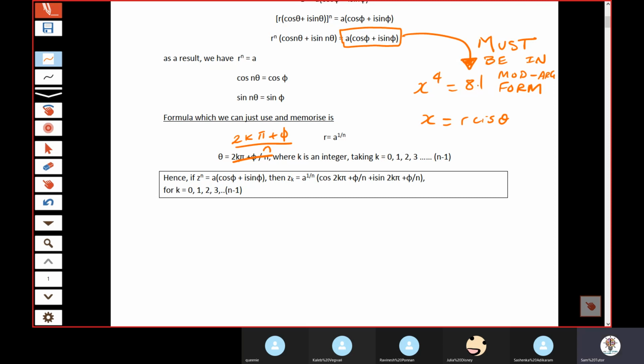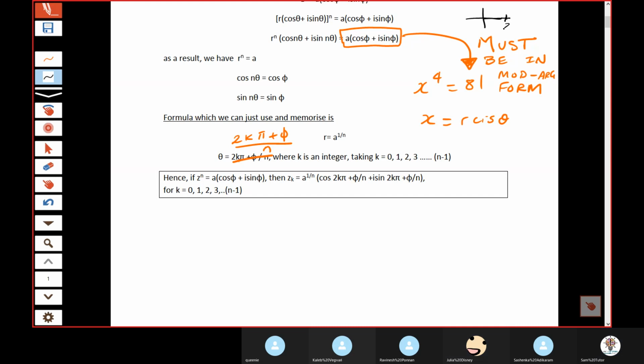So this 81 needs to be in mod arg form. When it's in mod arg form, can anyone tell me 81, for example, since we're using this example, what would be its modulus? Think, if you have to draw it up, think of what 81 is.